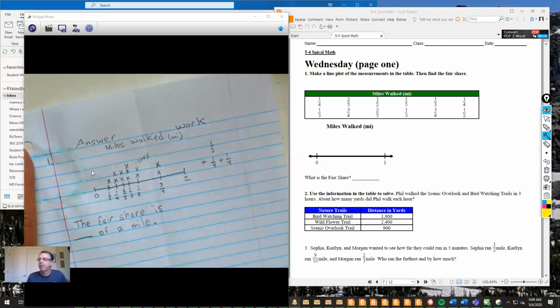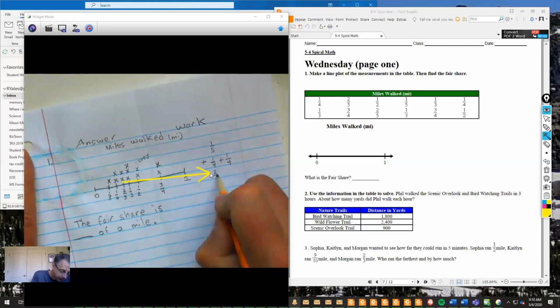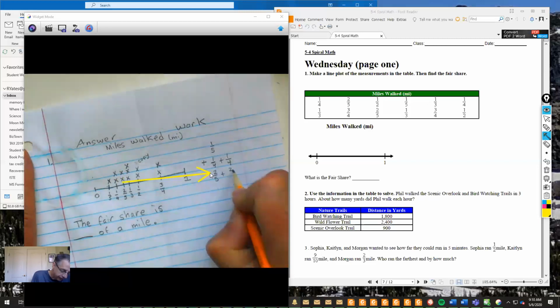I'm going to be doing the same thing for 2/5. If you look right here, I've got 2 X's for 2/5. That means 2 people went 2/5 of a mile. So I'll take those X's and put them over as fractions. Since I had 2 X's here, I'm going to write 2/5 2 times. 2/5 plus 2/5.